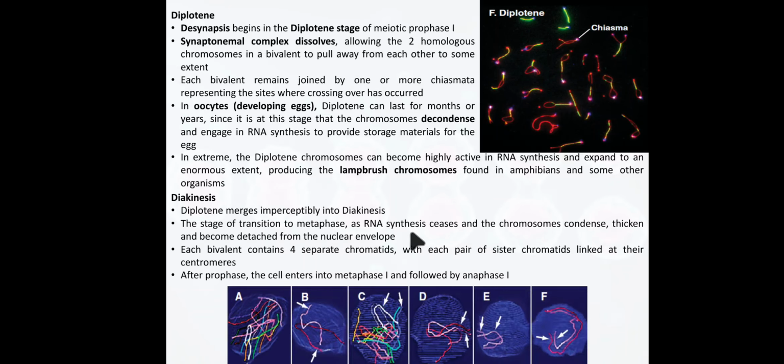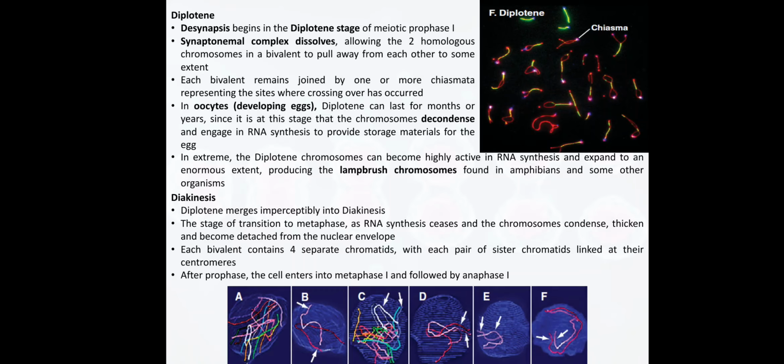Next is diakinesis. Diakinesis is the last stage of prophase I of meiosis I. So diplotene merges imperceptibly into diakinesis, so there is no perfect demarcation between diplotene and diakinesis. It is the stage of transition to metaphase, where the stage is prepared for metaphase.